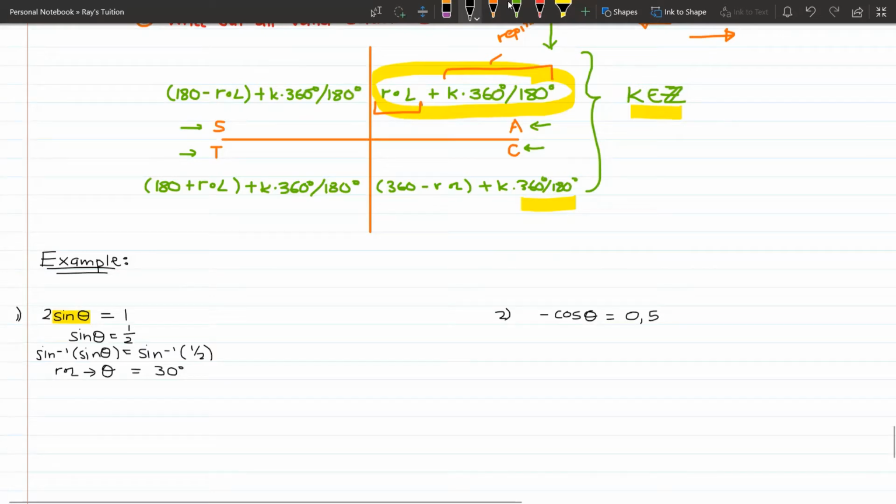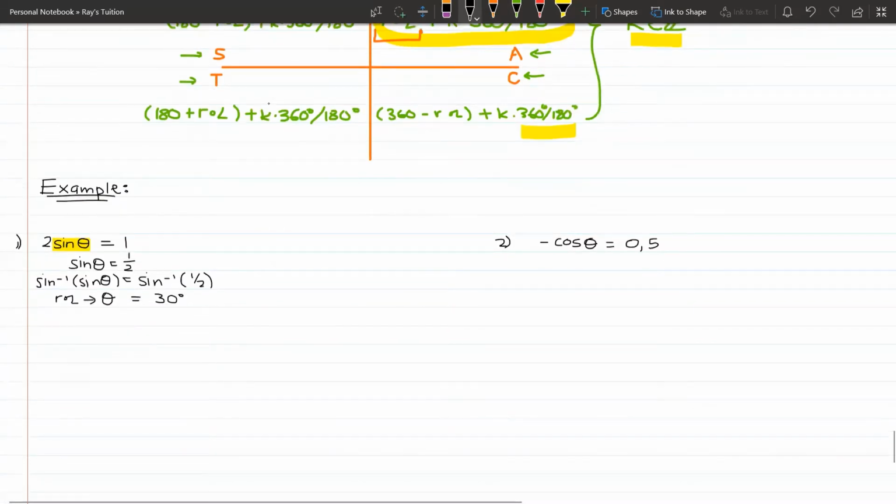Okay, so we can see sine is positive. So we ask ourselves, where is sine positive? Sine is positive in the first and second quadrant, so we're going to write the solution for the first and second quadrant.